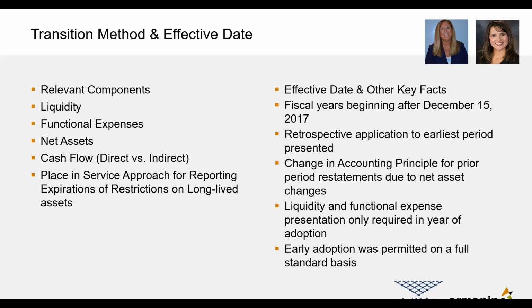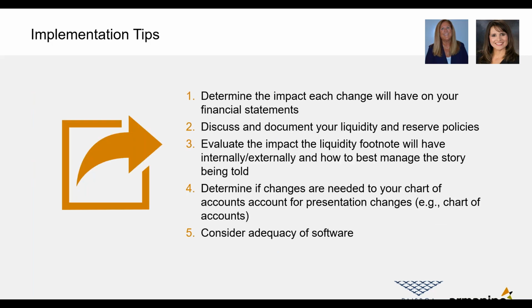So to that point, I think a lot of our nonprofits and our private schools are opting to do a single year statement this year, simply because of that retrospective application of the new standard. If you do not choose to do comparative financial statements, then you would only have to do liquidity and functional expenses in the year of adoption and not retrospectively.